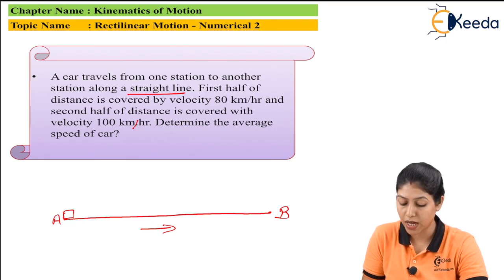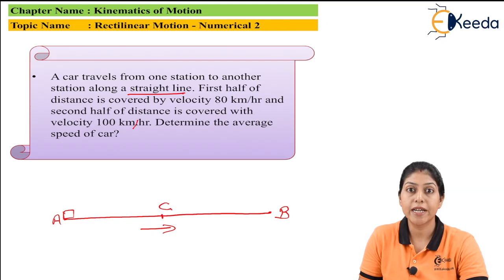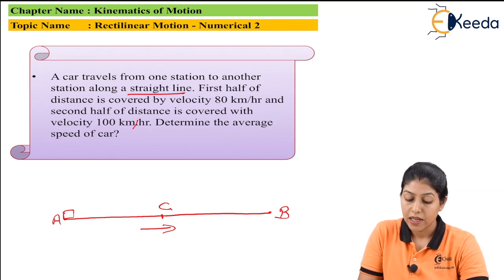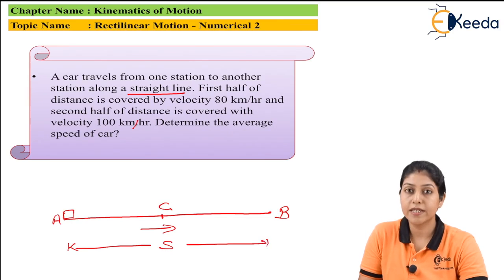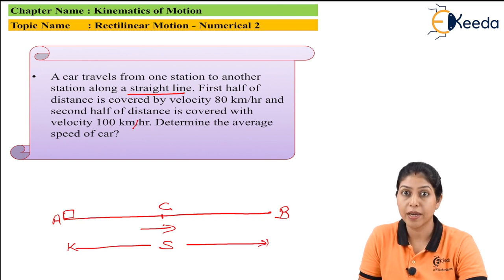This particular path represents the trajectory of the motion. There are two parts we are considering. Let us consider this point C as the midpoint of the path AB.